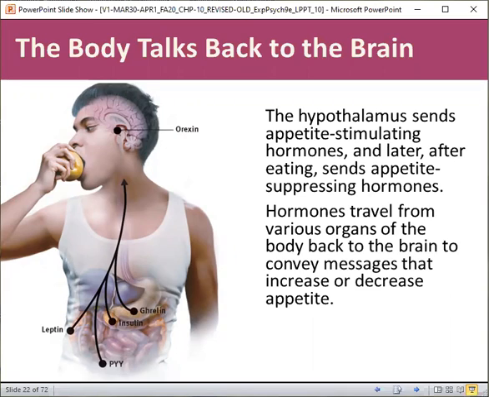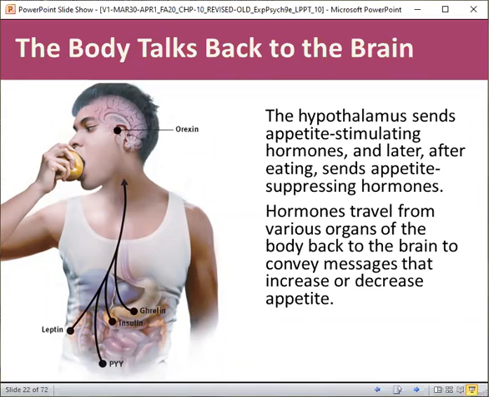Now, again, we talked about this in the consciousness and the two-track mind chapter, that there are certain substances, for example, in the drug marijuana, that when you consume it, it's going to mess with the "I'm full" message getting to the brain. Because it messes with the "I'm full" message, you're going to always want to keep eating because your message about being full just never gets there because that drug is blocking it. That's where the munchies come from.